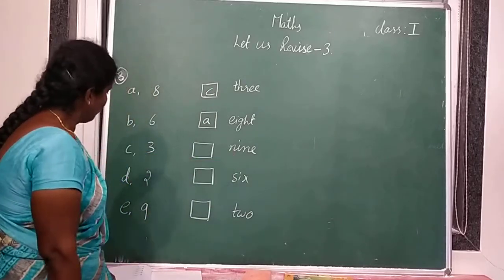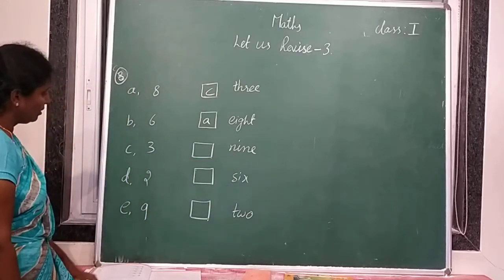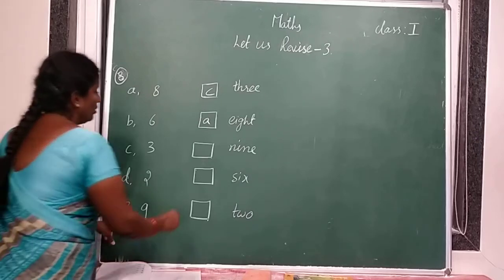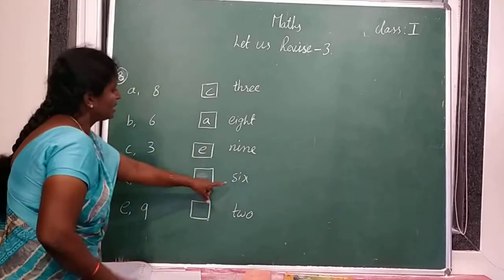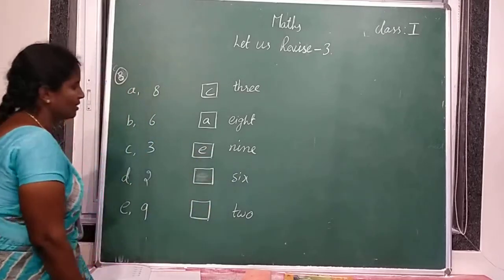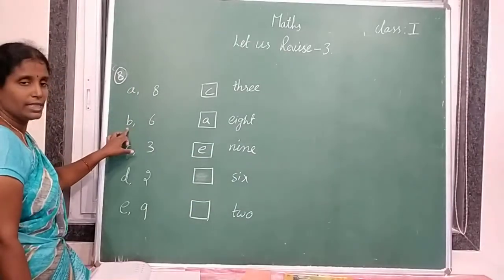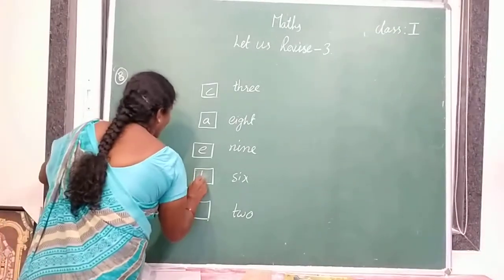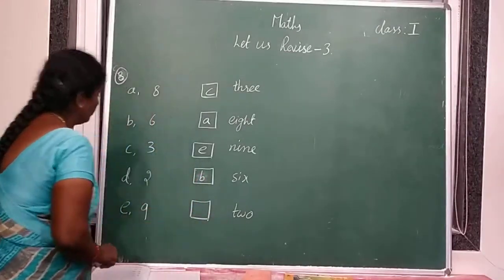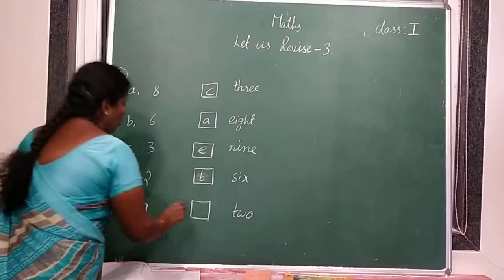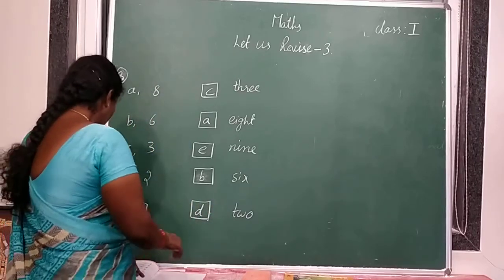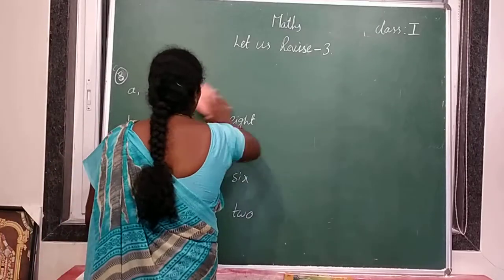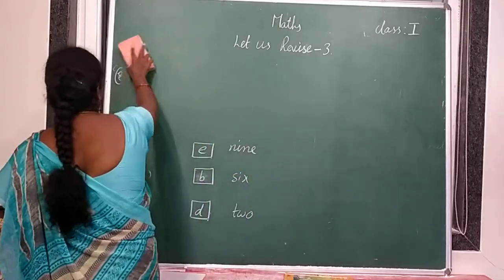Where is the 9? Here it is. So, E. Next, 6. Where is 6? B. 2. D. Okay?